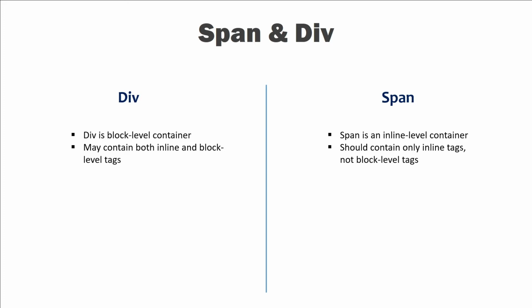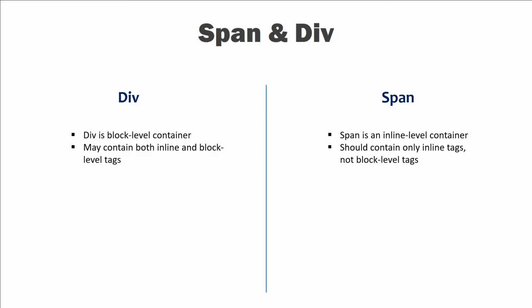So you can't put a paragraph in span, you can't put a div in span, you can't put a heading in span, but you can put a span in paragraph, a span in heading, a span in div, and you can put a heading and paragraph and emphasize tag and strong tag inside div.